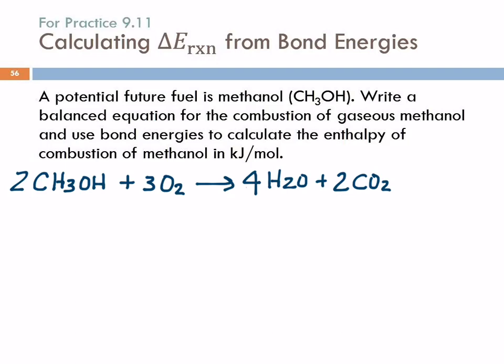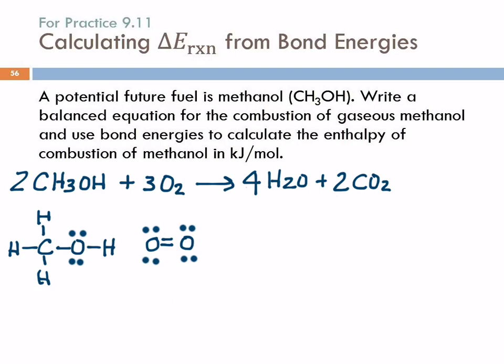Well, we kind of have to look at how these things are put together. So the methanol is going to look like this, and oxygen's like this, double bond. So you really might want to actually do the full-out Lewis structures to make sure that you're not imagining things. Because if you just think about O2 and breaking it, you might assume that it's a single bond, but it's not, it's a double bond.